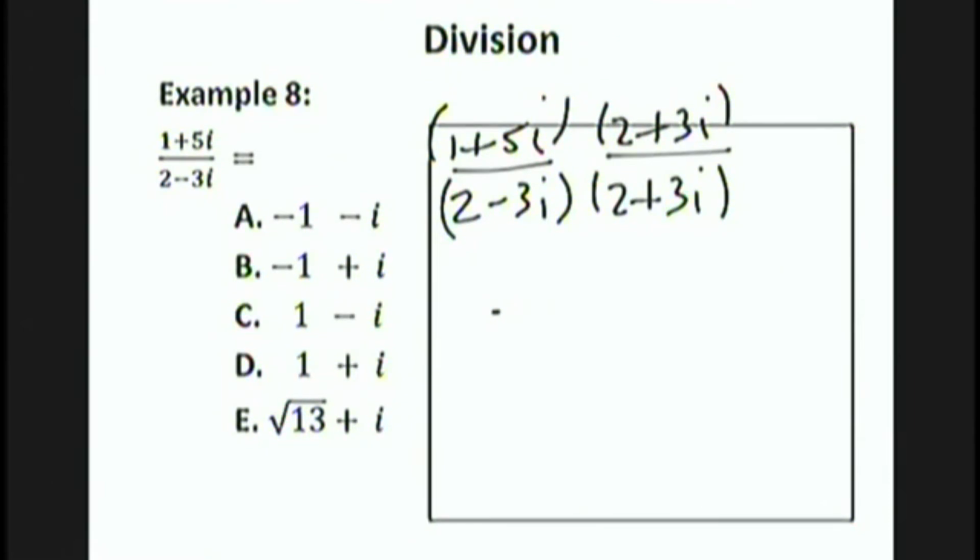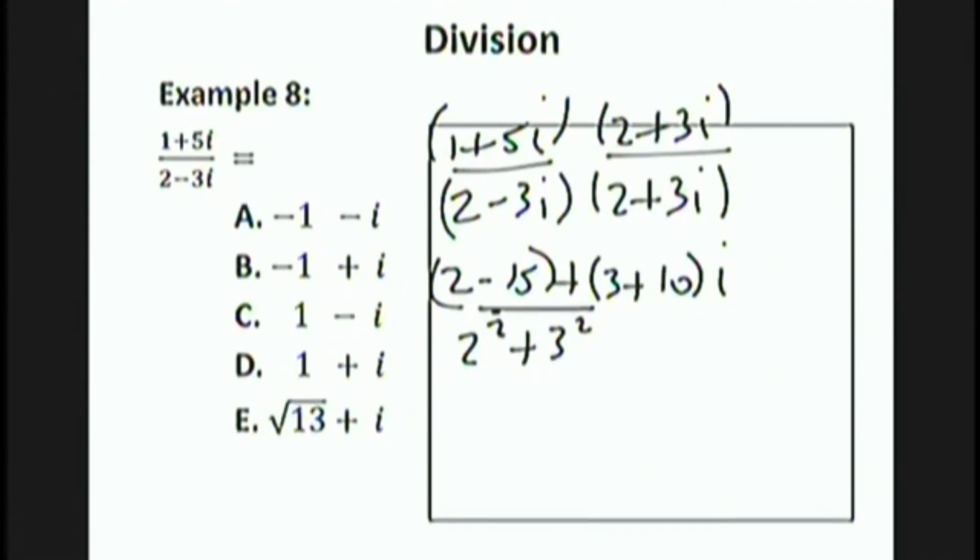So let's do the denominator first, because we just get 2 squared plus 3 squared in the denominator. And in the numerator, we get 1 times 2 is 2, minus 5 times 3 is 15, plus 1 times 3 is 3, plus 5 times 2 is 10, i.